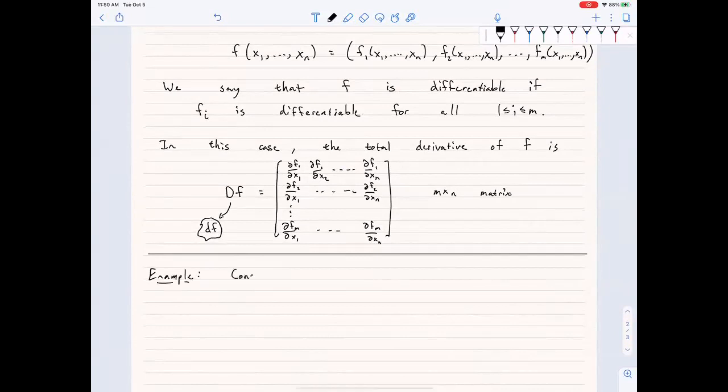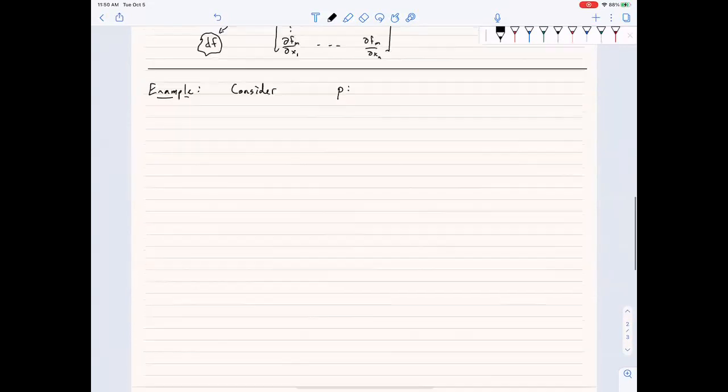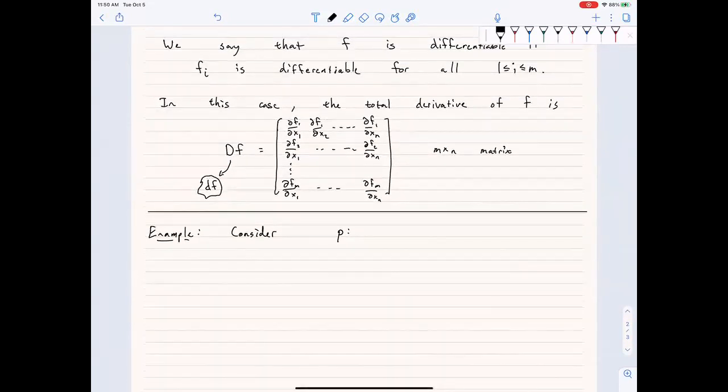So consider, I'll call it P. Whoa, yikes, very temperamental. Okay, so P is going to be a function. I'm going to say what it's a function on. It's a function on the half open interval, the interval 0 to 2 pi, crossed with 0 to infinity, and it lands in R^2. What does P do? So first of all, what is this domain?